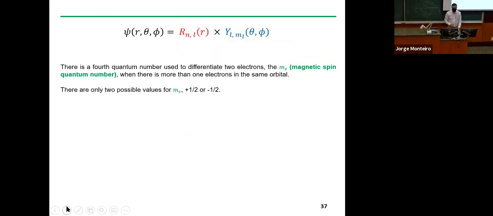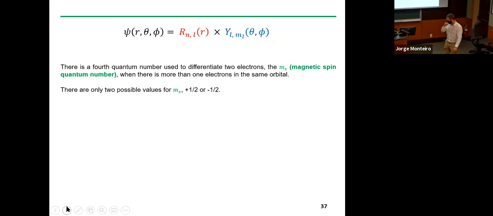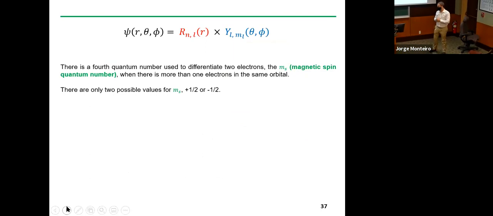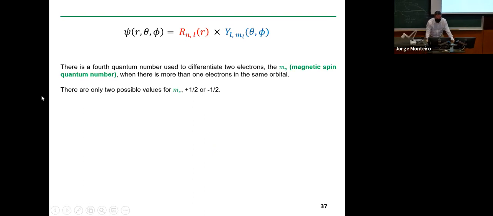Okay, very good. So we covered n, l, ml, and the radial and angular wave functions. Let's talk about the last quantum number.